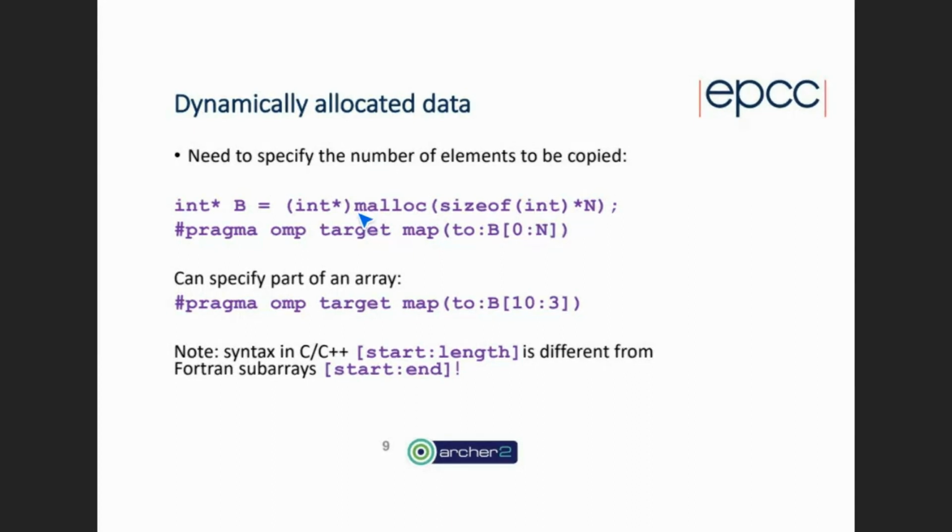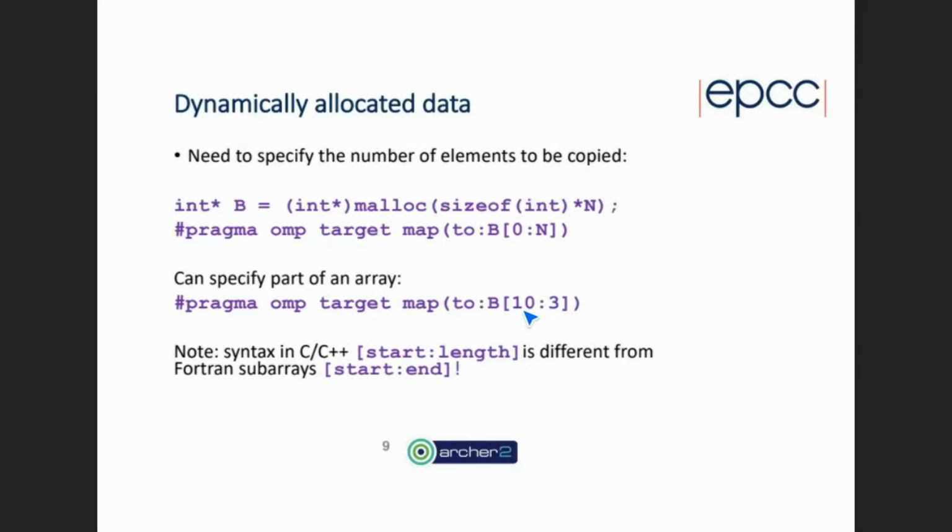So if we malloc some data on the host and we want that mapped, we have to specify the starting element and the number of elements that get mapped using this square brackets syntax. But you can also use that to specify part of an array, so it doesn't have to start at 0. You can specify a contiguous part of the array.